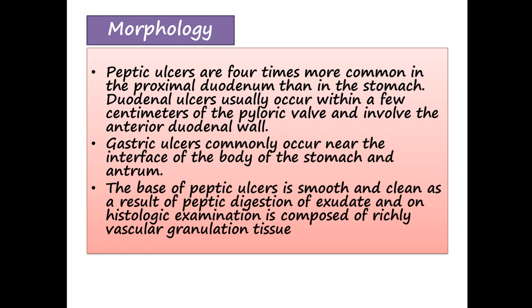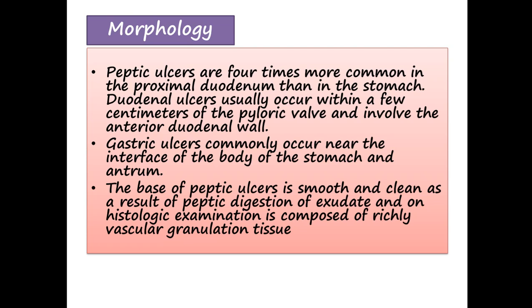And here it is important to note that mostly the duodenal ulcers are located within a few centimeters of the pyloric sphincter. And most commonly, these duodenal ulcers involve the anterior wall of the duodenum.